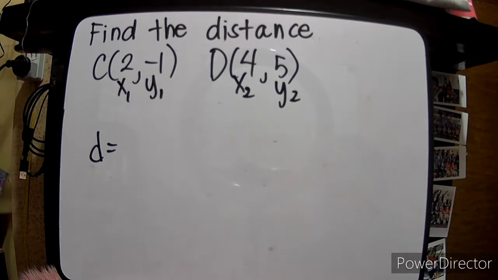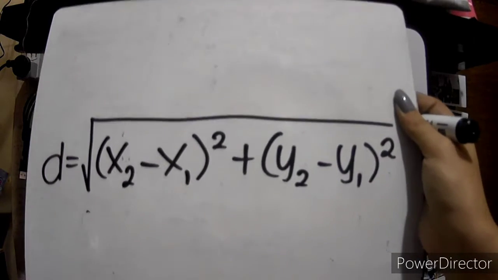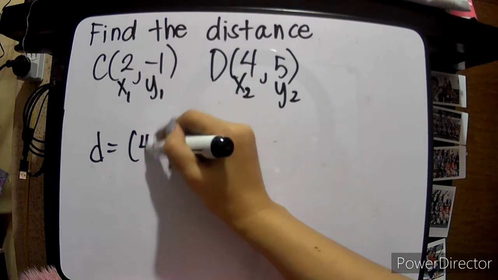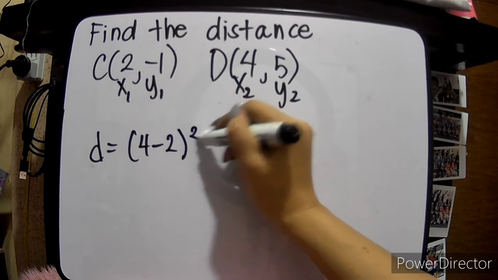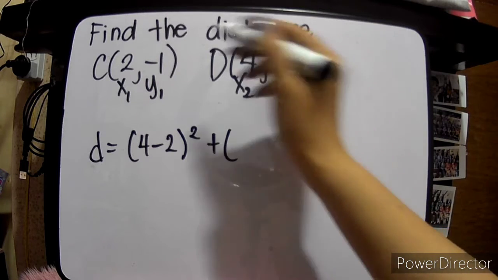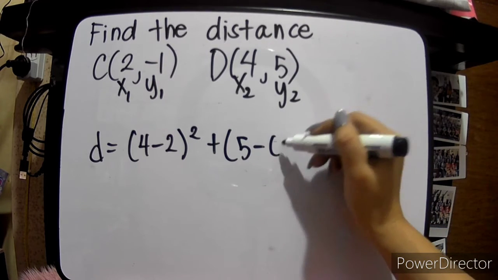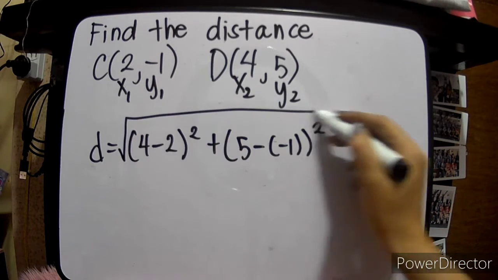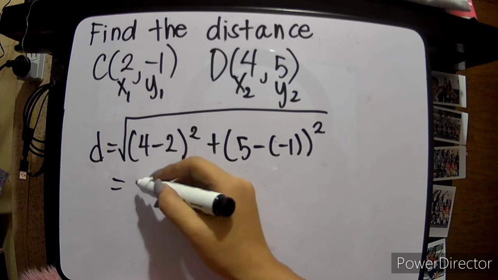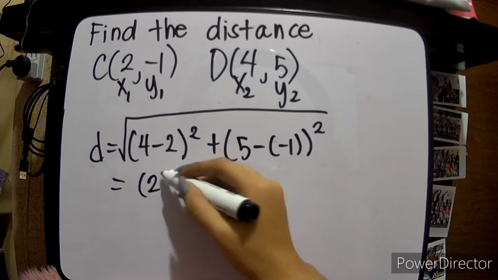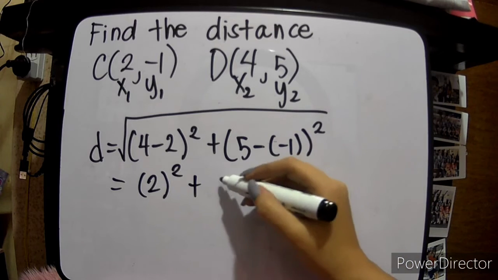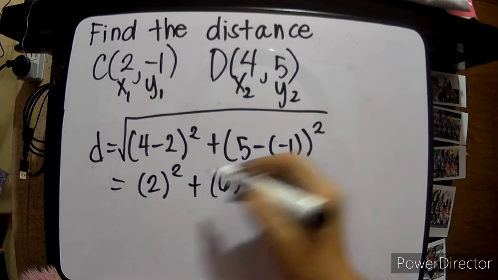Let's find the distance by substituting our x sub 2 minus x sub 1, so 4 minus 2, and then yung squared, plus 5 minus negative 1, and then squared. And don't forget the square root.